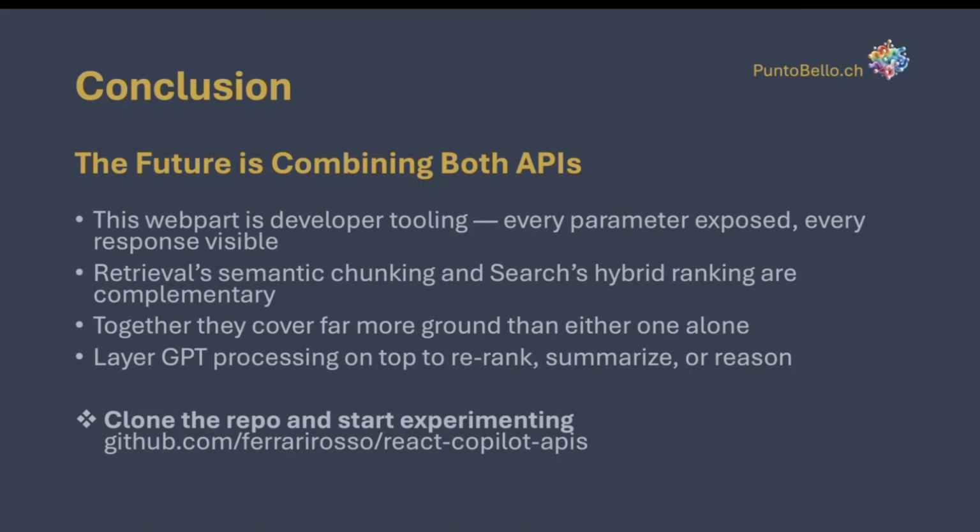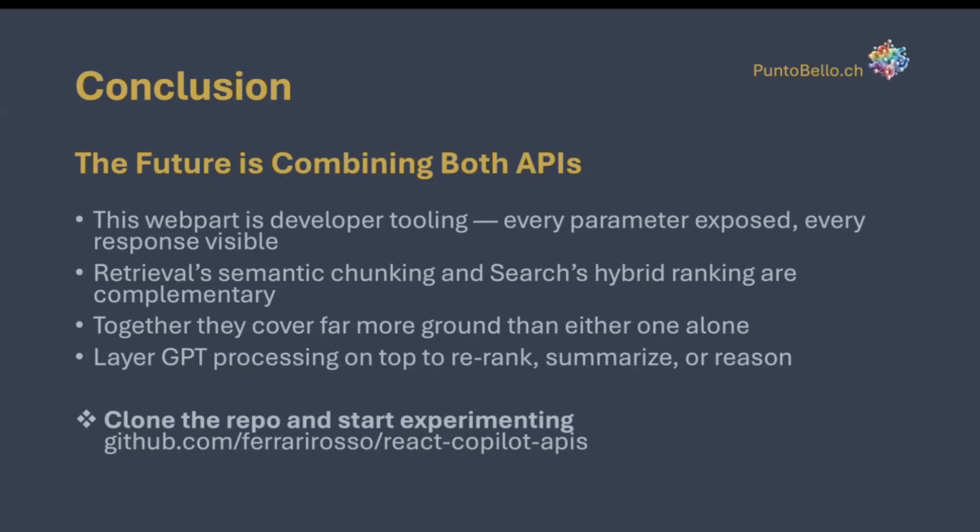So what I think is this web part is developer tooling. It is done to test both APIs, and together they can be combined to do new search experiences in SharePoint and Microsoft 365.